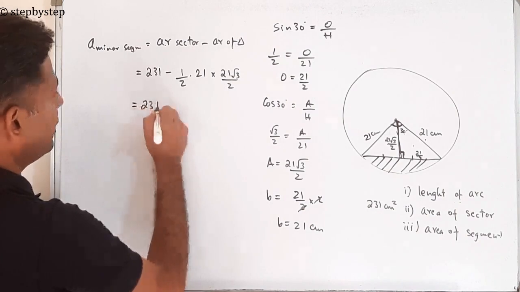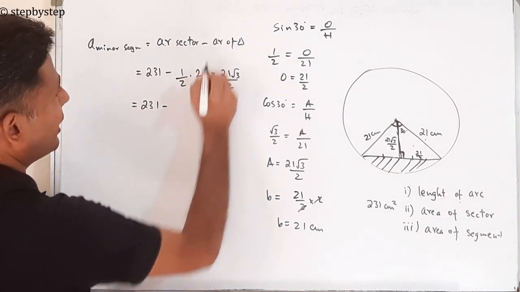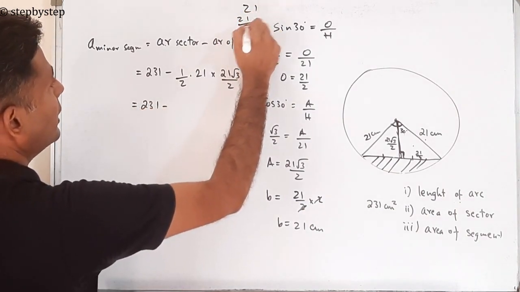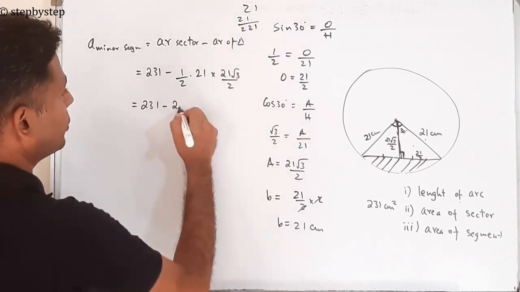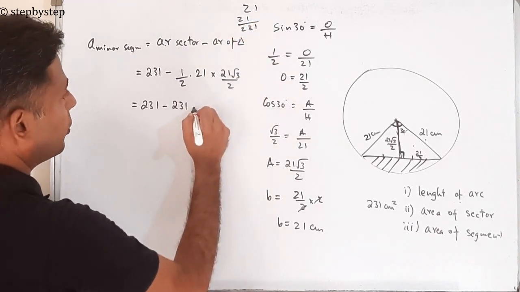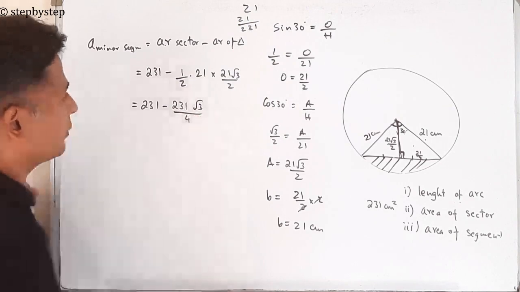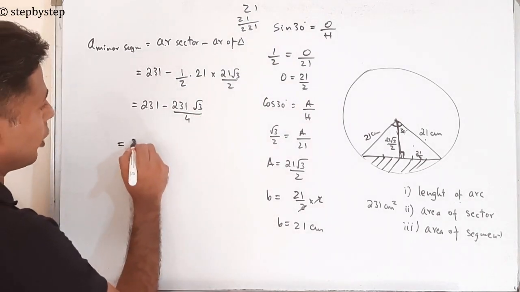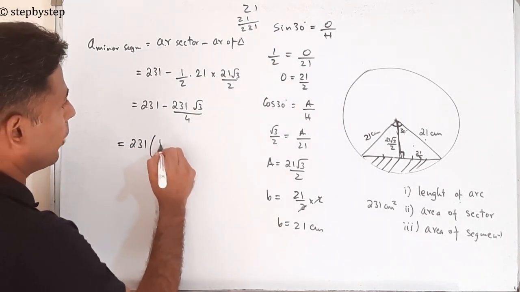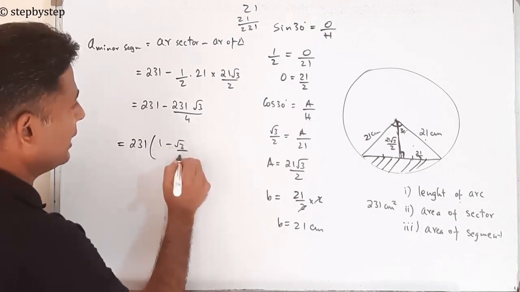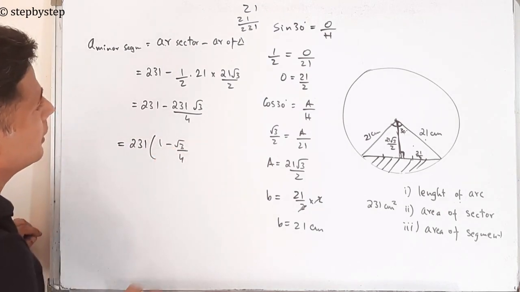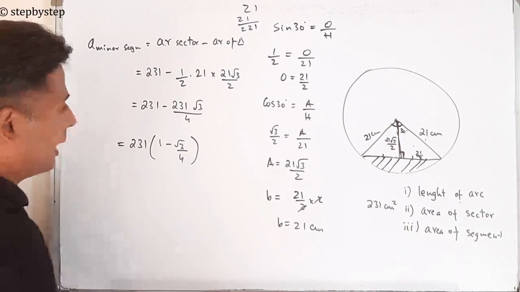So 231 minus 21 into 21 is 441, so 441 root 3 by 4, that is what we get. Now we can take 231 common, 231 into 1 minus root 3 by 4, right? This is the final answer.